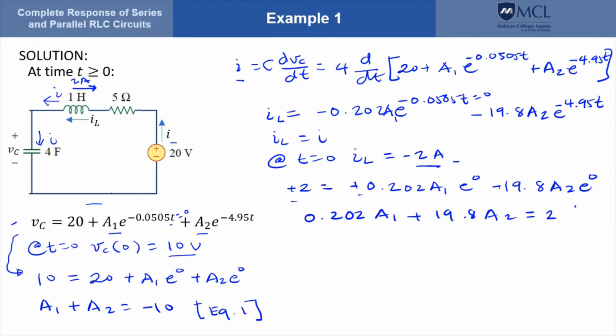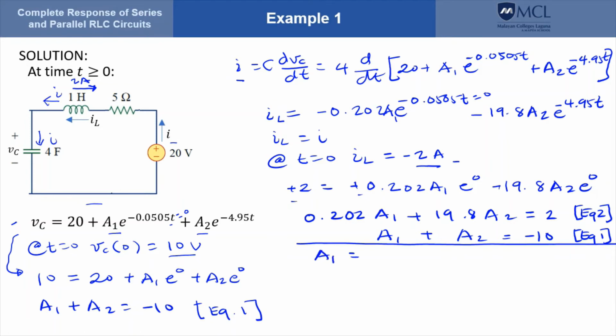And this could be our equation 2. Writing equation 1 side by side, that will be A sub 1 plus A sub 2 equals negative 10. So this is equation 1 here. And we can solve these two equations.